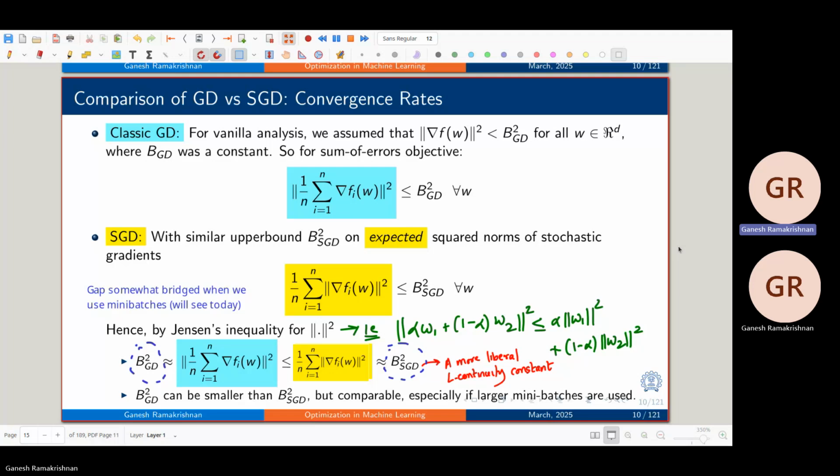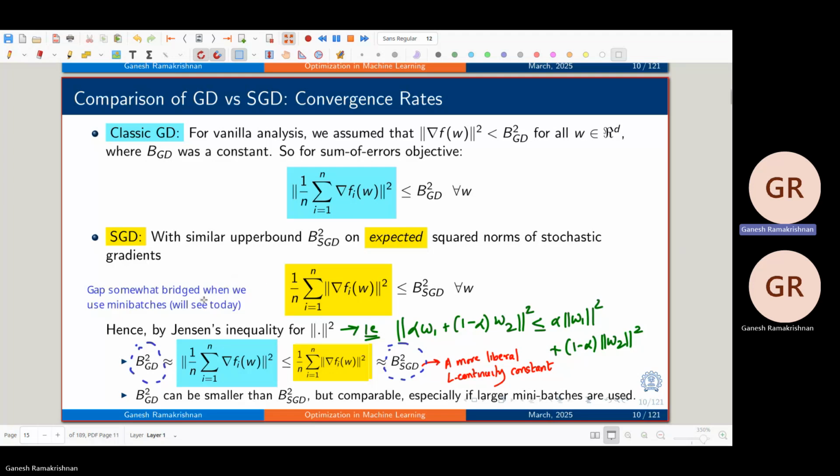In fact, when you pre-train a foundational model, you don't even visit a point more than once. At best, you may do 2 epochs, right? So how are you going to compute a gradient across all points? It's infeasible. So which means we are compromising on the B. There's a more liberal Lipschitz continuity constant, as I've written there in text.